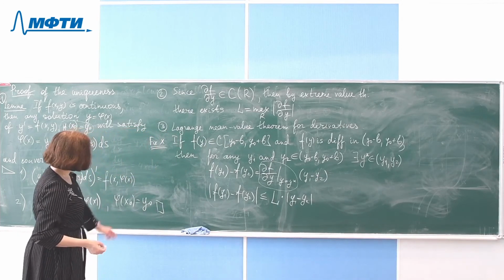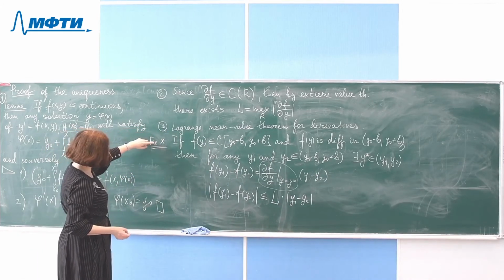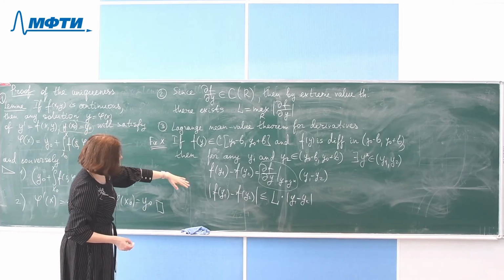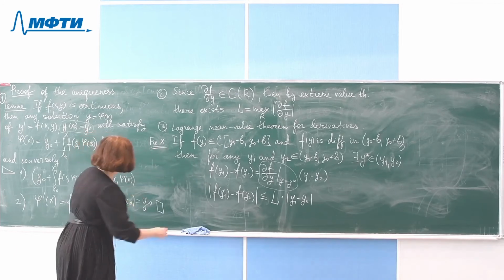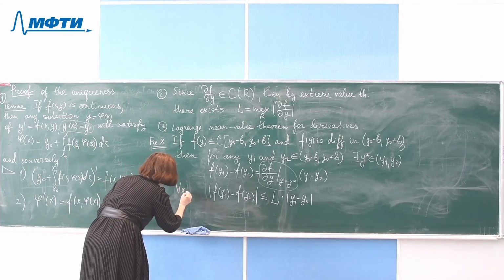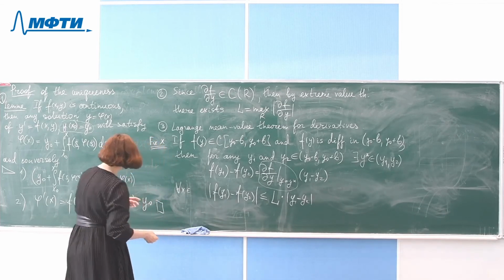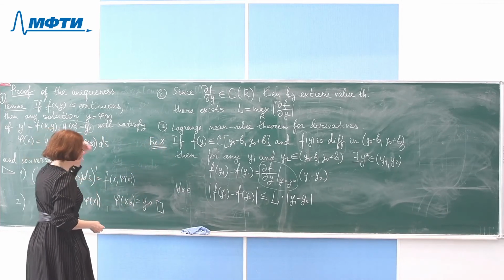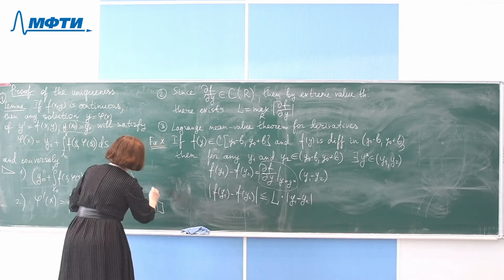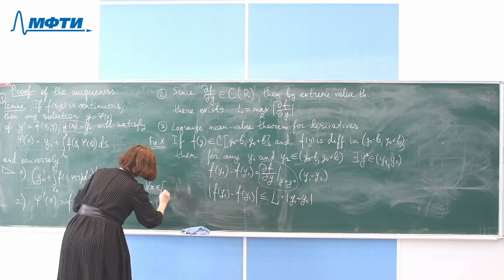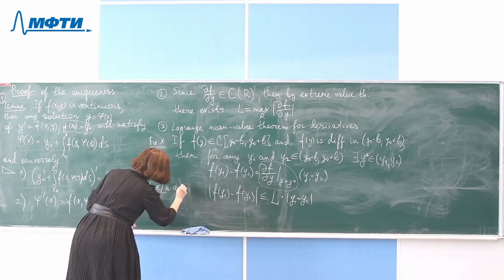Okay, and this is true. So x was fixed, but now we can see that this is true for any x from our rectangle, so for any x from x0 minus a, x0 plus a.